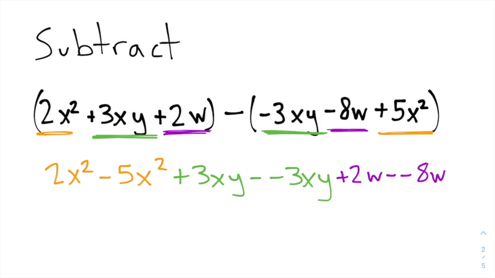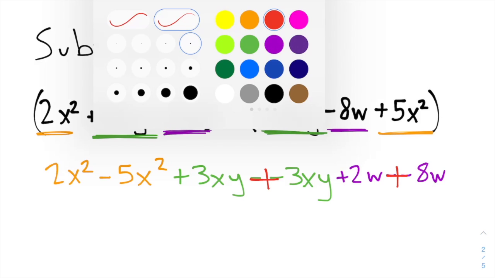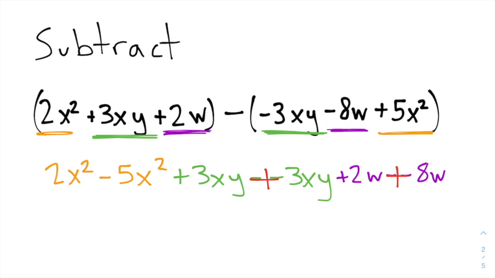Anytime I have a negative that I'm subtracting, that cancels and becomes a plus. So now I'm going to do the step of combining like terms. 2x squared minus 5x squared is negative 3x squared. Plus 3xy plus 3xy gives a total of 6xy's. And 2w plus 8w becomes 10w.